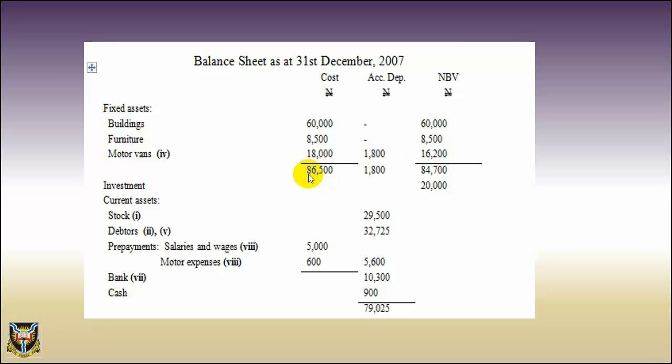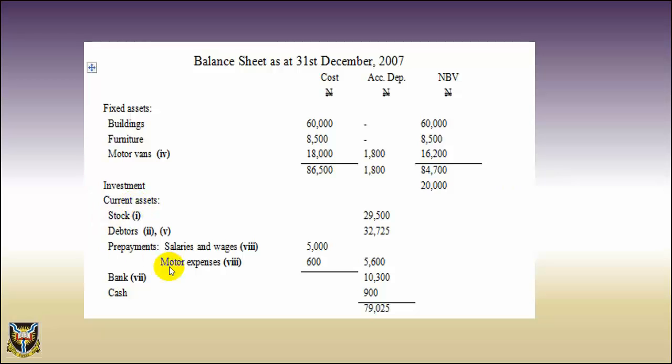Total cost 86,500. Accumulated depreciation 1,800. Total NBV 84,700. Investment NBV 20,000.